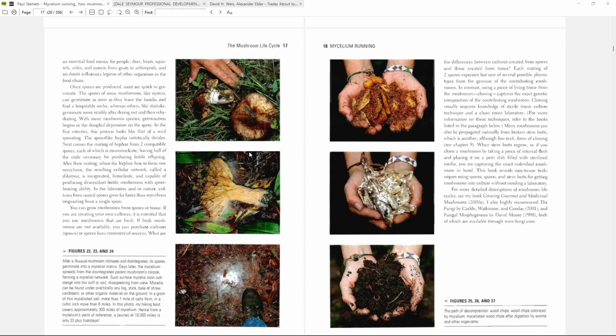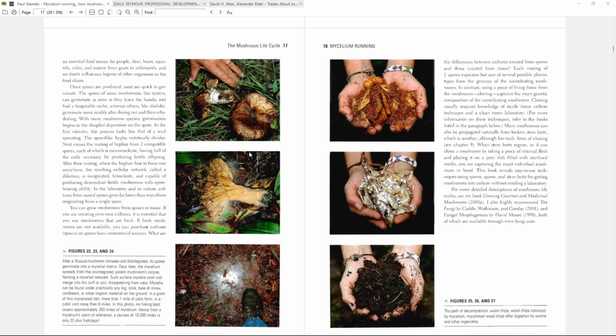With many mushroom species, germination begins in the dimple or depression on the spore. In the first minutes, this process looks like that of a seed sprouting. The sprout, called a hypha, methodically divides. Next comes the mating of hyphae from two compatible spores, each of which is mononucleate, having half of the code necessary for producing fertile offspring.